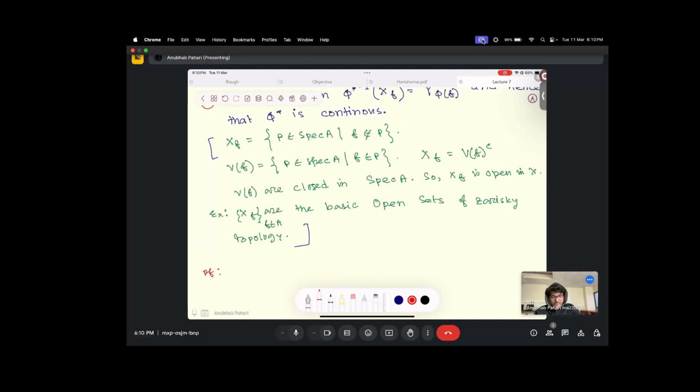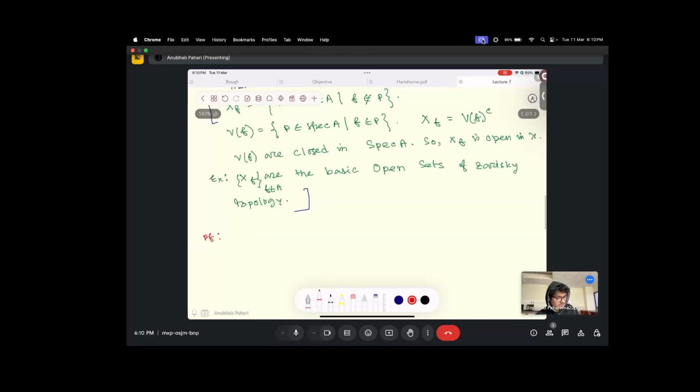Okay, so we have the following equivalences.